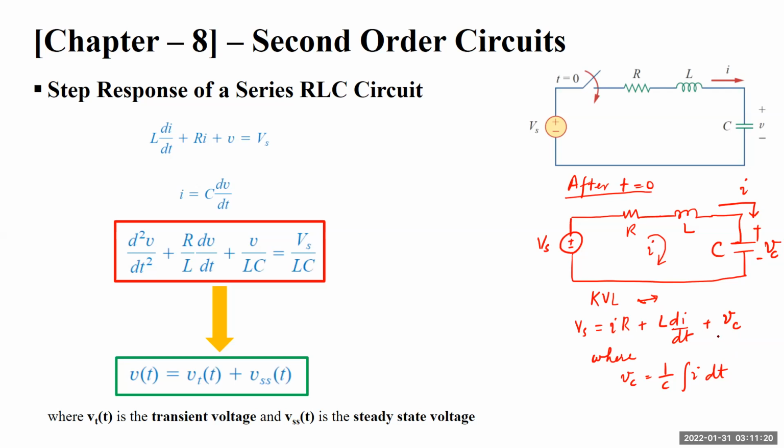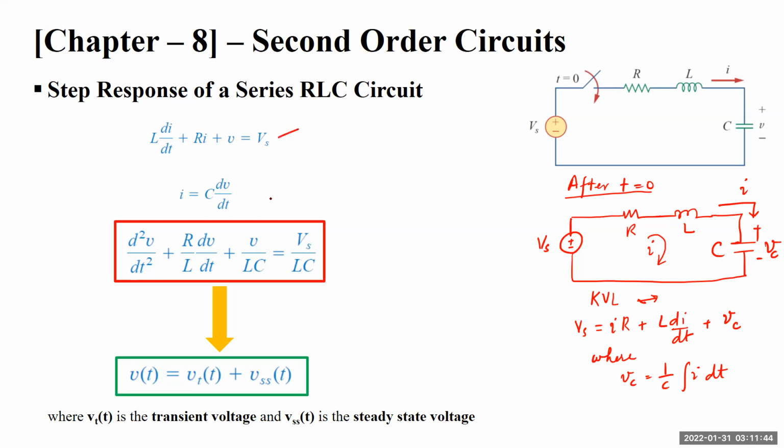We have seen this differential equation in our previous lectures as well, and we developed our second order differential equations from it. In this case, we also know that the capacitor current ic is given as C times dv/dt.